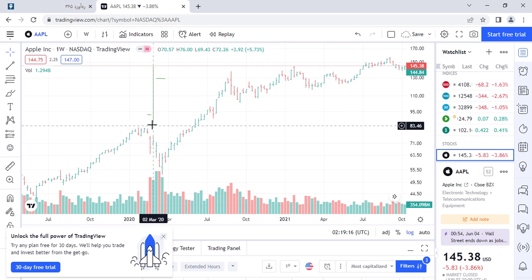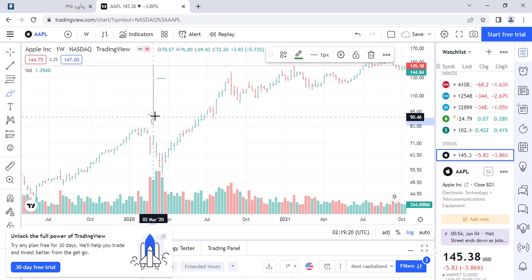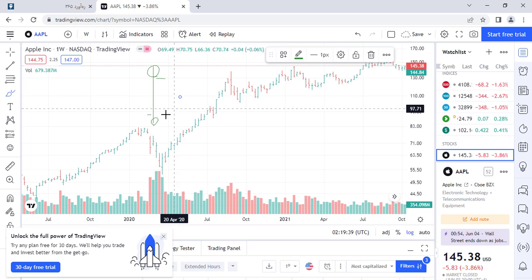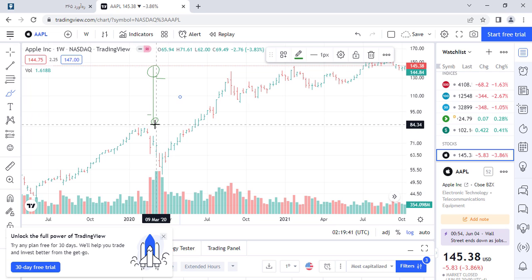And this here, from here to here, is just like shadows of the candles in candlestick bars.